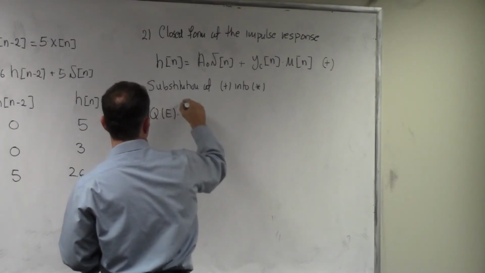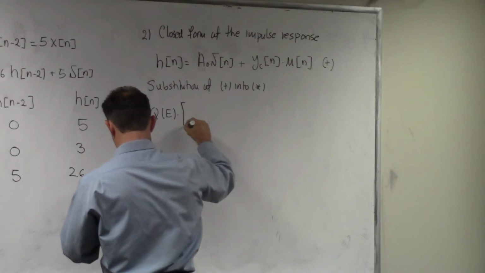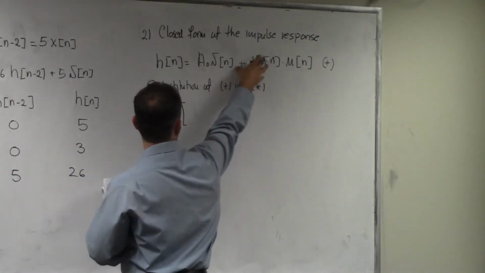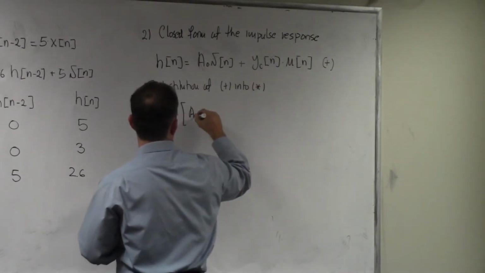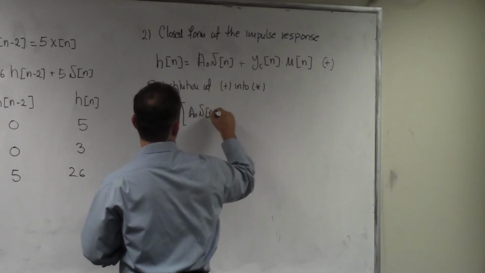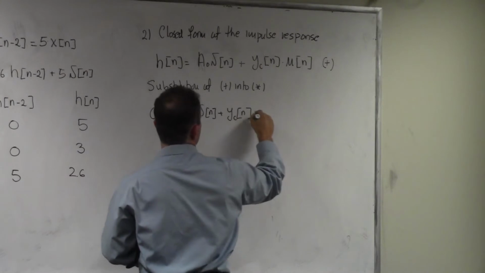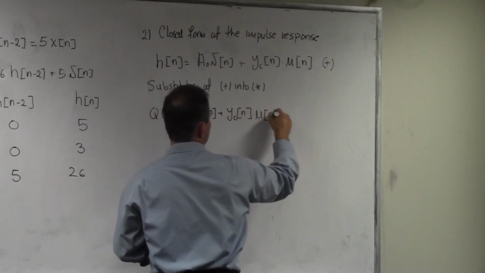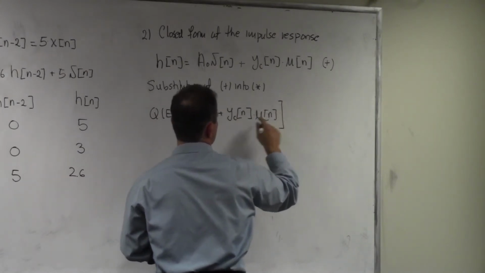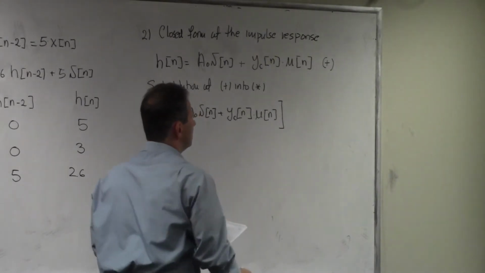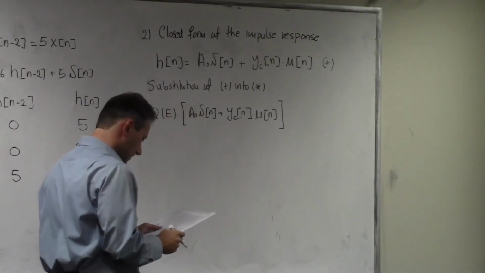Q of E, now applied to my impulse response, which is this thing here, A0 delta of n plus yc of n times u of n. This u of n is the step function that turns off this one for n being smaller than 0.